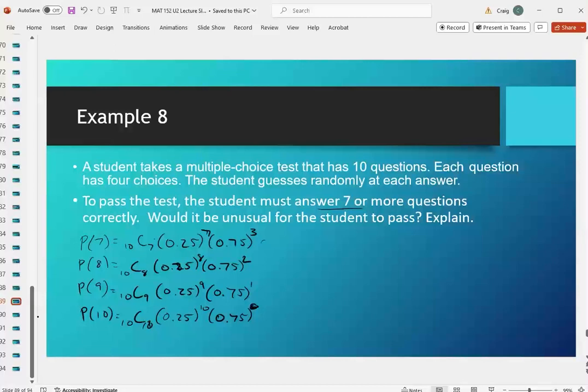And so if we get all of these probabilities, and I'm just going to write these to 4 decimal places, this is going to be 0.0031, 0.0004. Well, maybe I might have to go to 5 decimal places, 0.00002. Well, I have to go to a lot more than that.